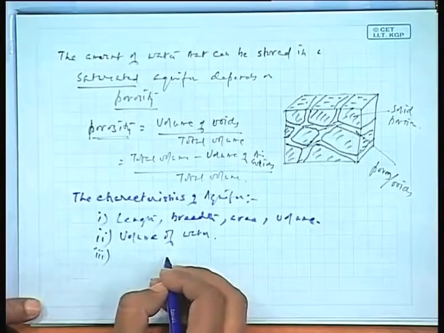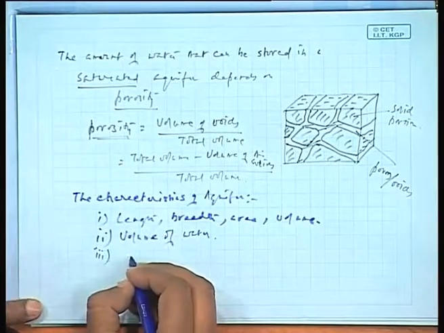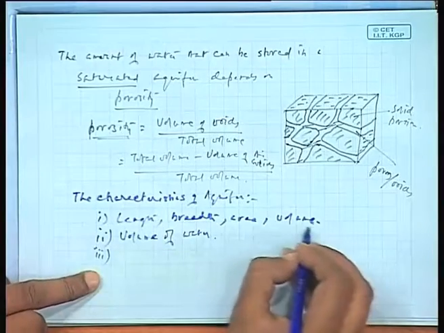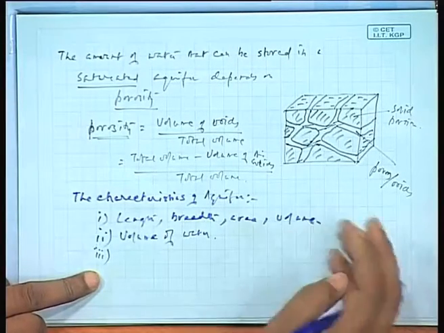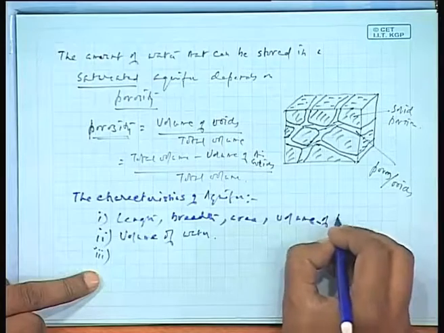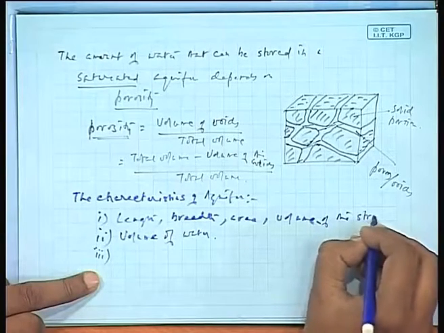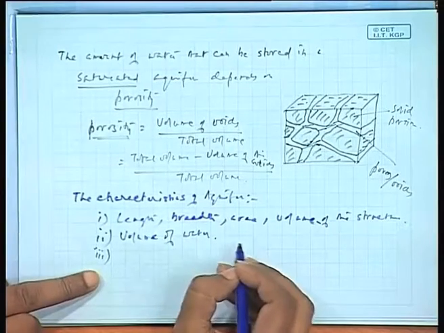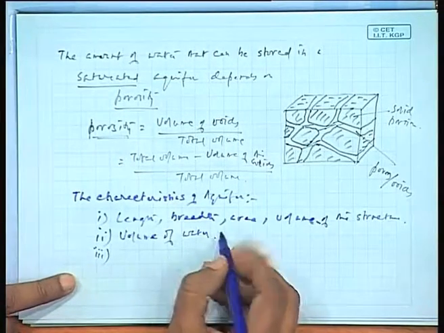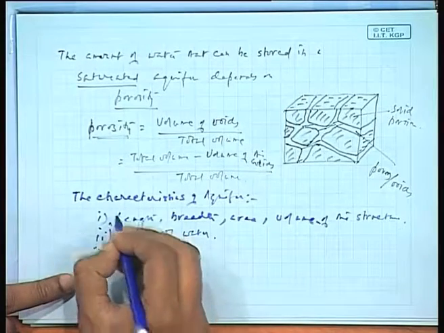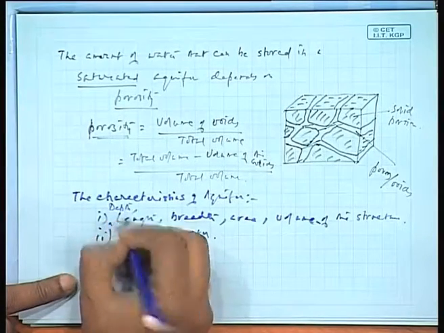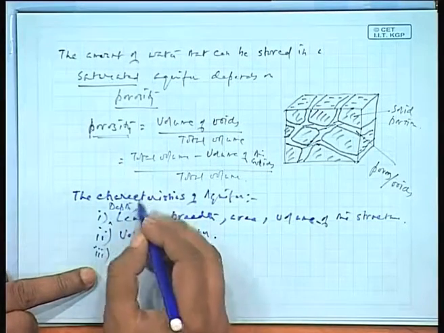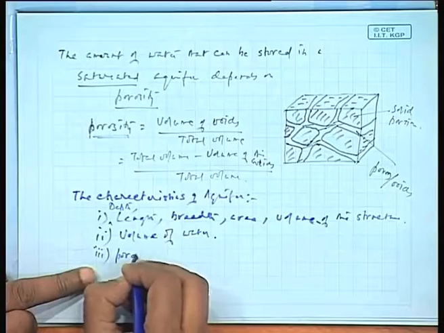We have, in such cases, the length, breadth, area and volume of the aquifer, the total structure. Depth from surface is another important thing. You can write depth, that suffices. So there is volume of water, and as I have said, this porosity is one important thing.